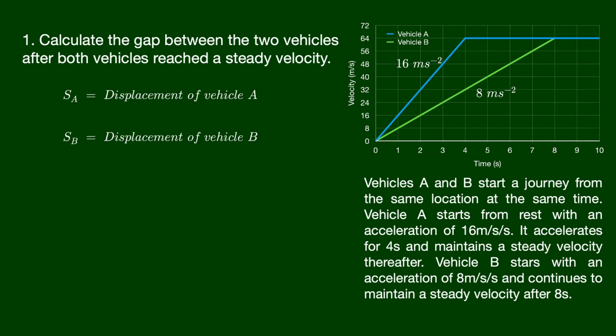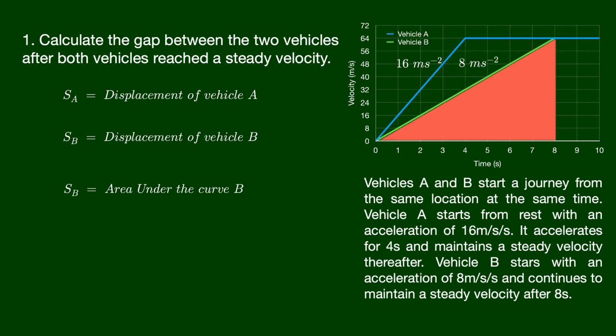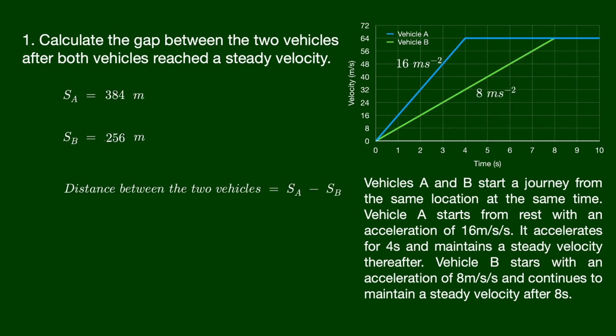Let's take S_A as the displacement of vehicle A till the 8th second. We can take the area under this curve to calculate the displacement of vehicle A. We can apply the same method that we used before to calculate the displacement of vehicle B. Now we can calculate the difference in displacement of the two vehicles.